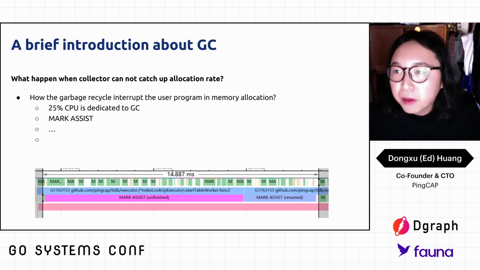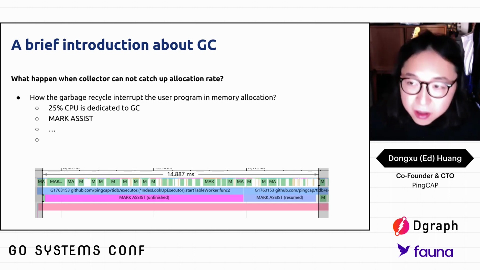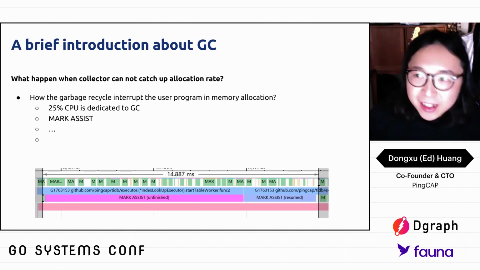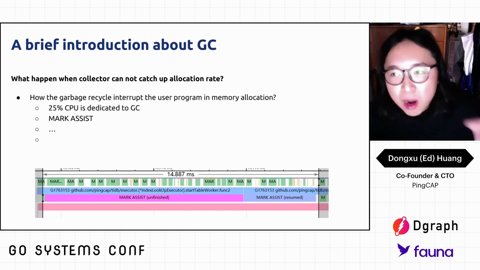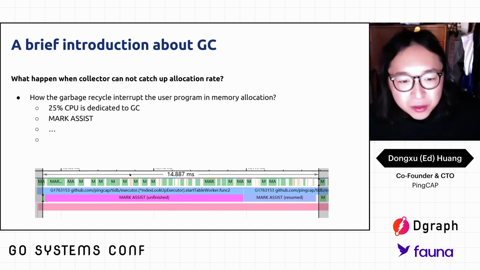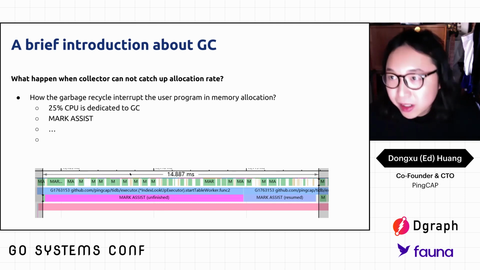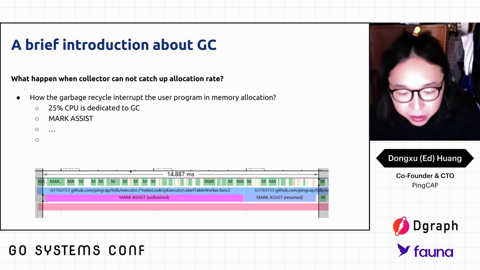For example, when you want to allocate memory in your code, before the system gives you the memory you want, you will run the GC cleanup process first. That means it will slow down the memory allocation.